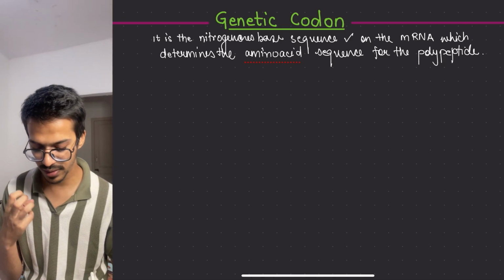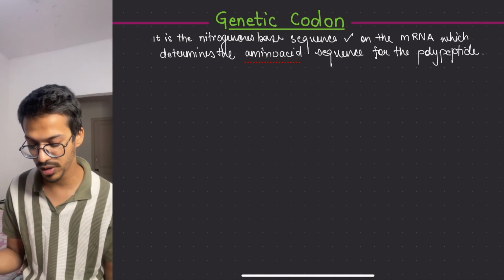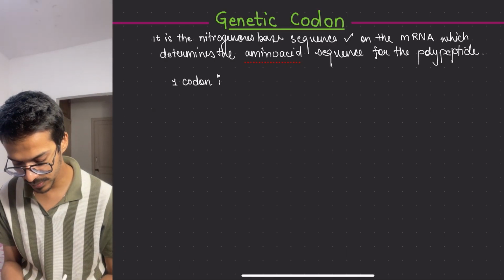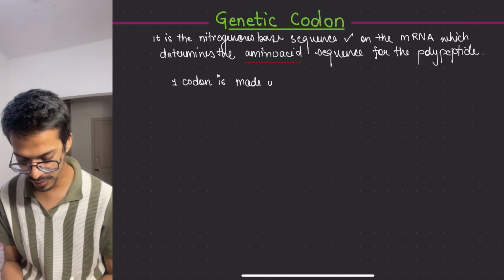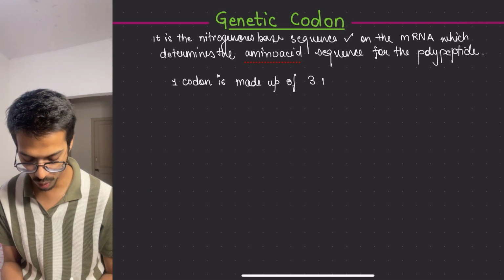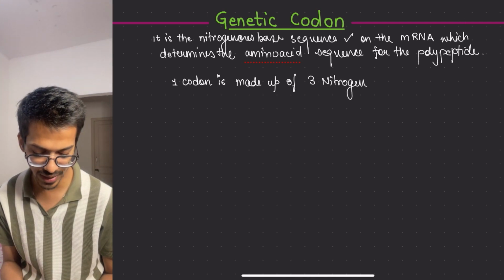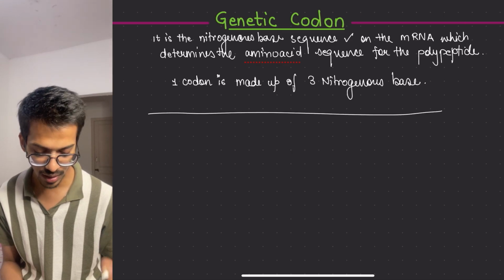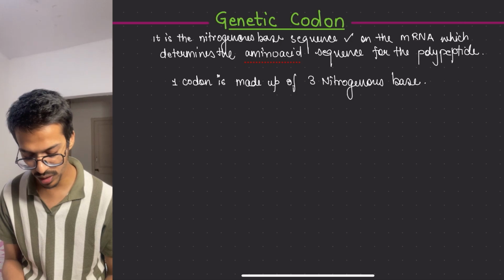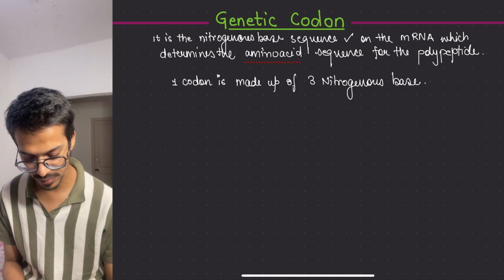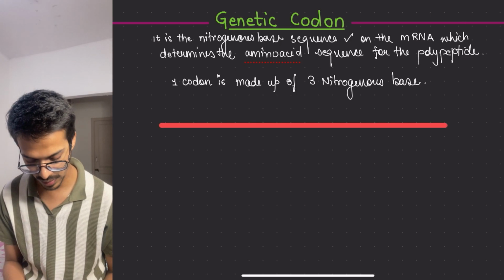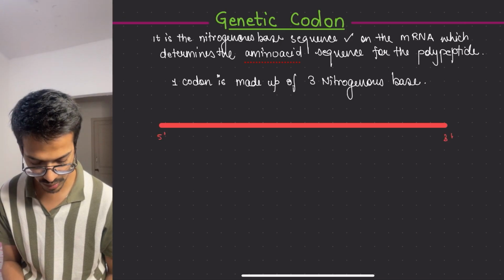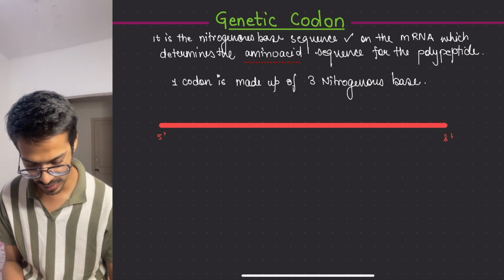Now, if I say, tell me a little bit more about it so that I can understand better, one codon is made up of 3 nitrogenous bases. For example, if this is your RNA, the mRNA, it is 5' to 3', and it has a sequence.